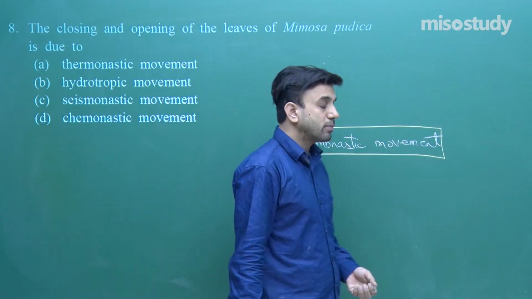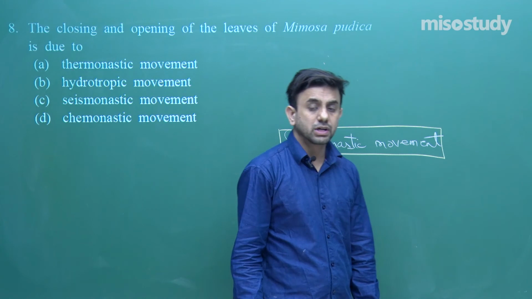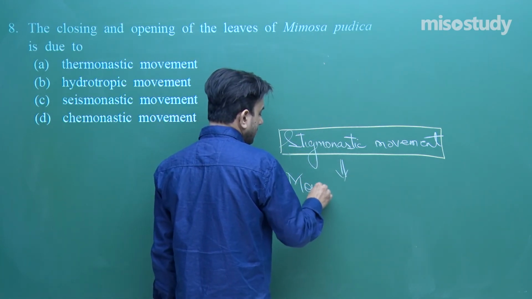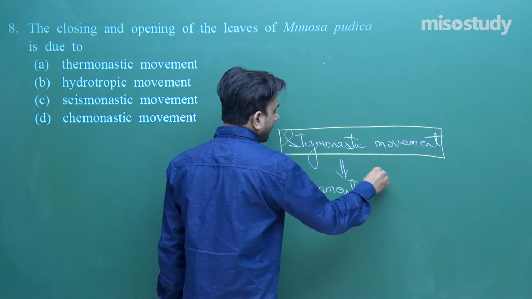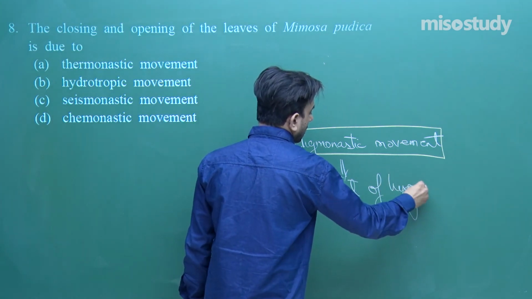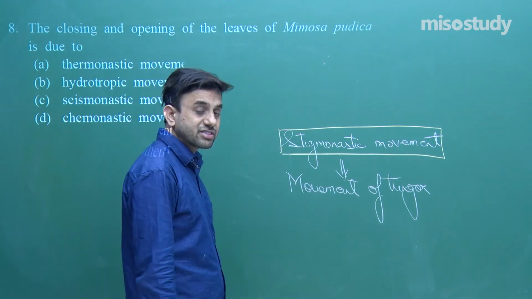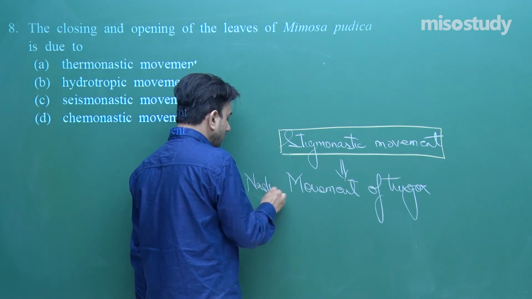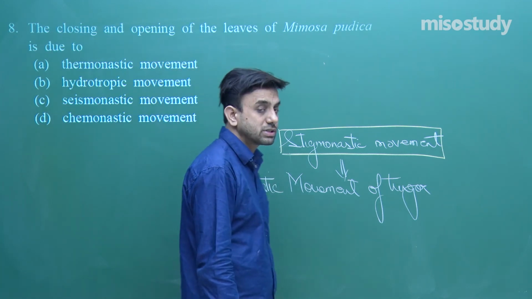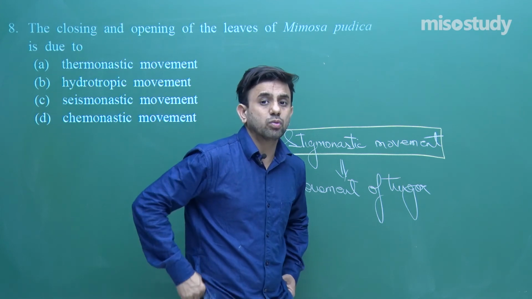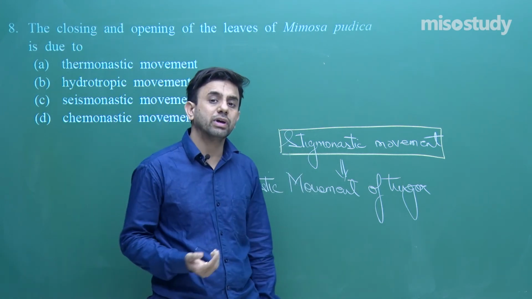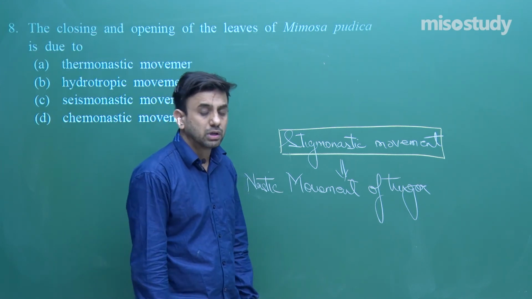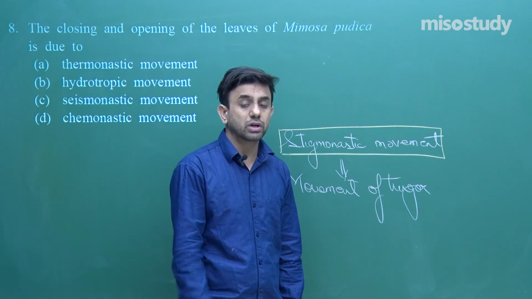Now this seismonastic movement is a movement of turgor, a nastic movement of turgor. What happens here is that potassium will move out from the inner cells, and because of the movement of the potassium, the osmolarity changes and even the water will move.